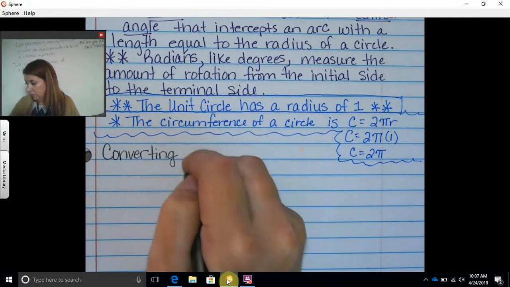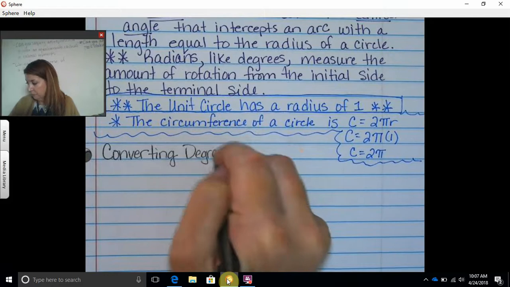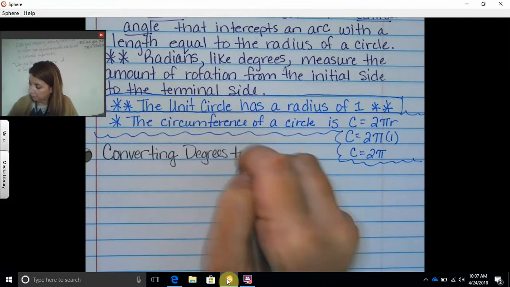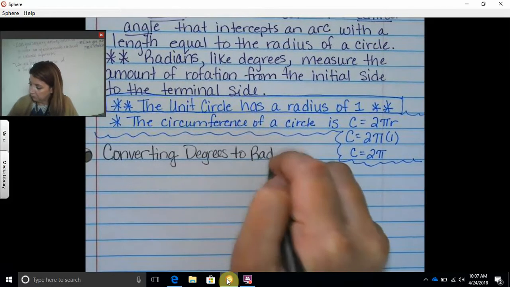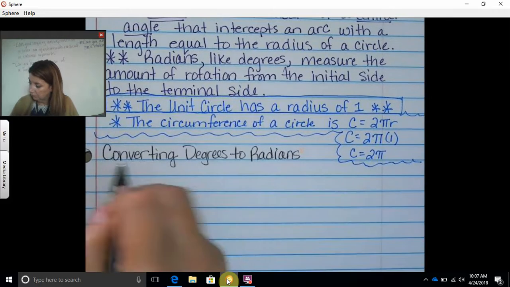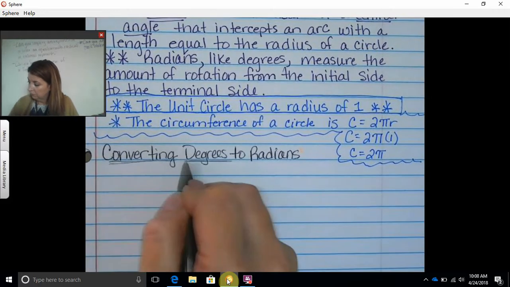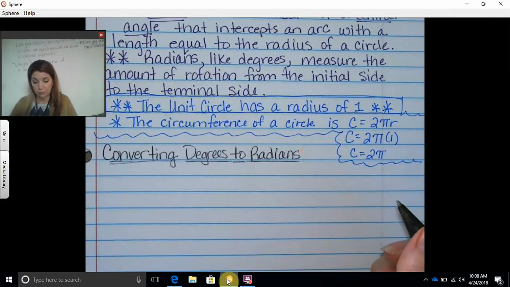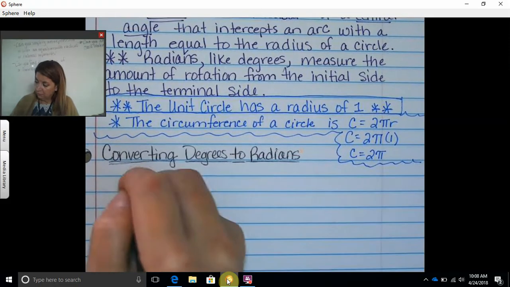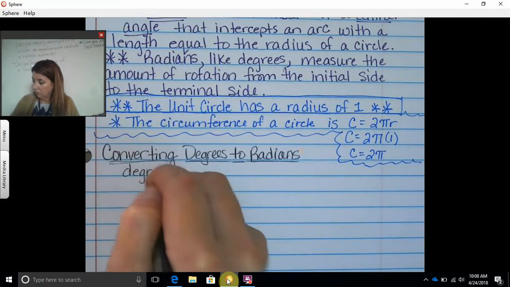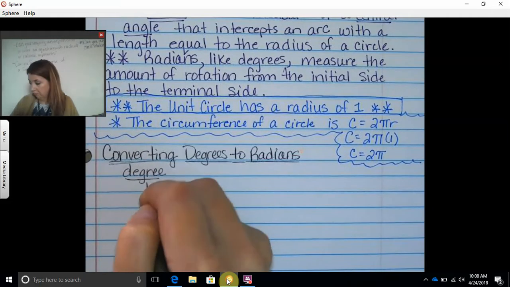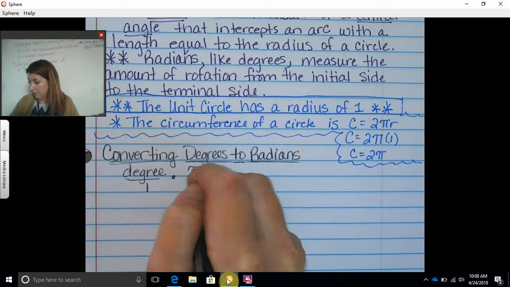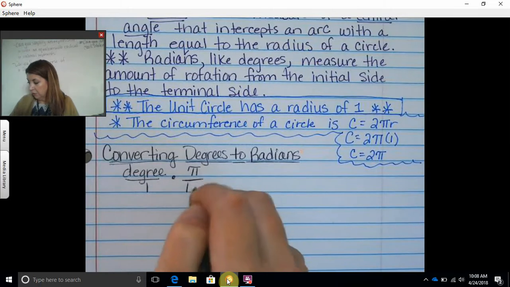So converting degrees to radians: you do degrees over 1 times pi over 180.